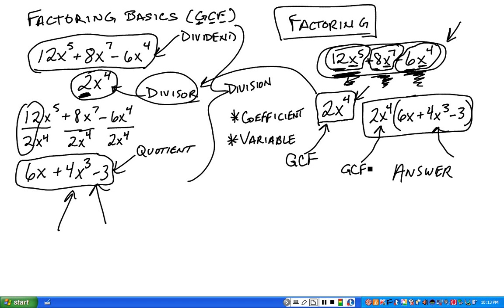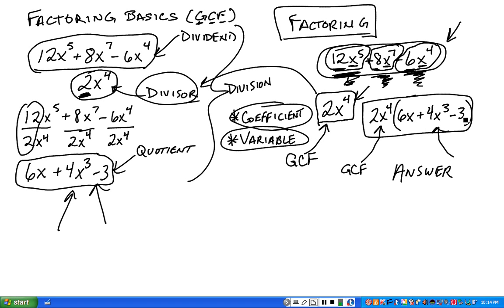When we're talking about factoring, again, we're trying to find the greatest common factor that can be pulled out after checking coefficients and checking variables. Once we pull it out, we write what's left in multiplication form, because factoring is like undoing multiplication.